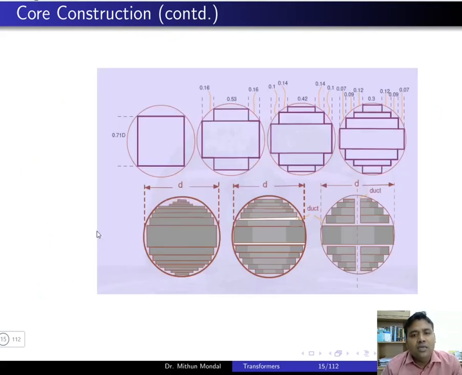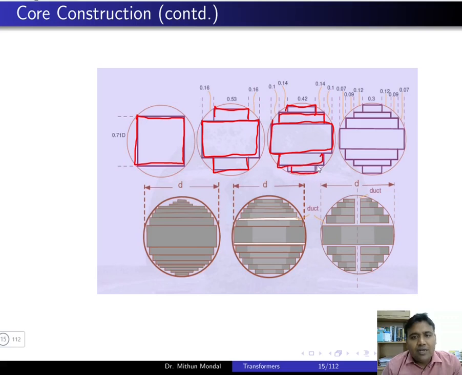Here in this figure you can easily note how the stepped cores are being made. You can see that the cores are not made in a rectangular fashion, but are made in the form of stepped core. These are known as cruciform cores, made up of steps, and stepping can be of multiple fashions depending upon the requirement and depending upon the construction of the core.